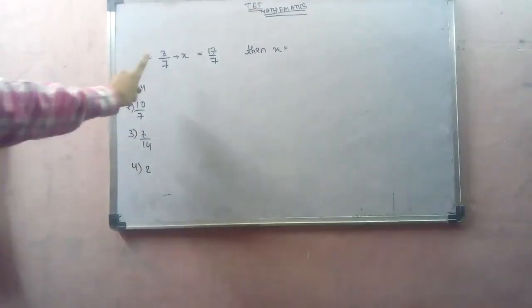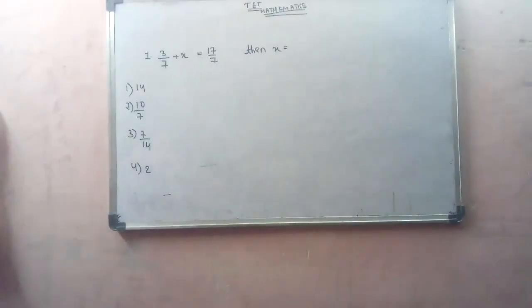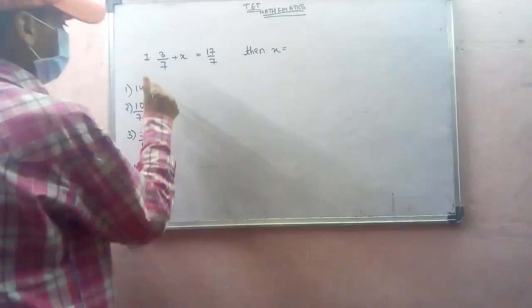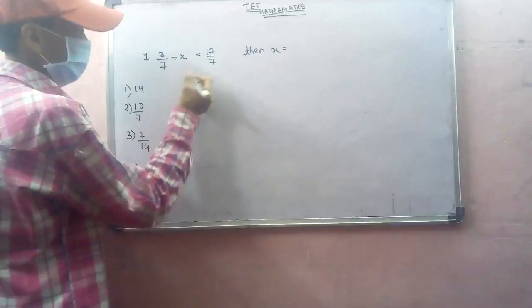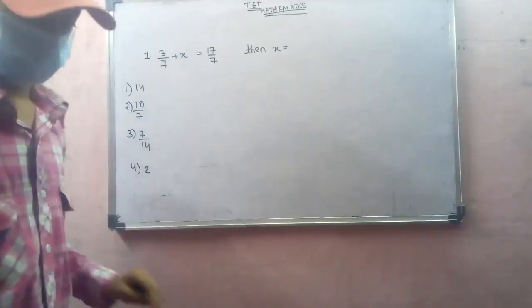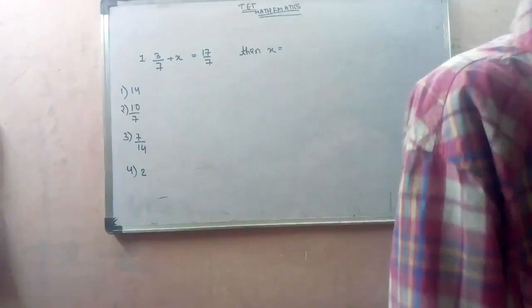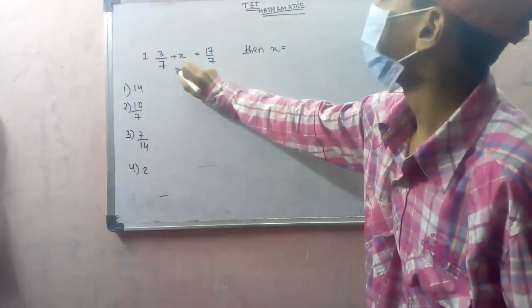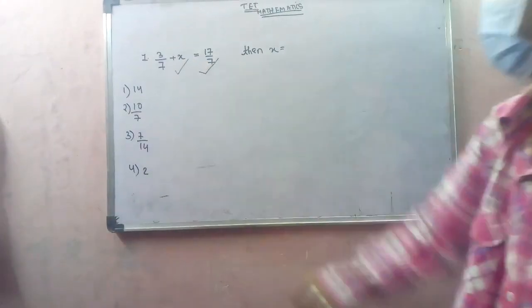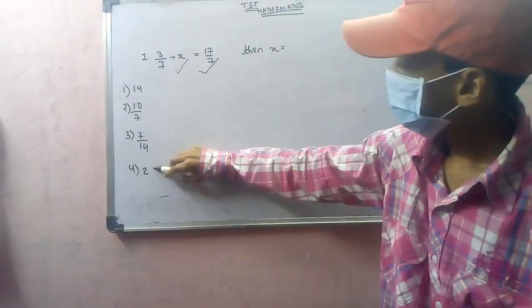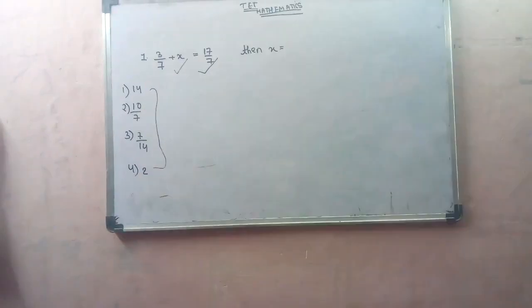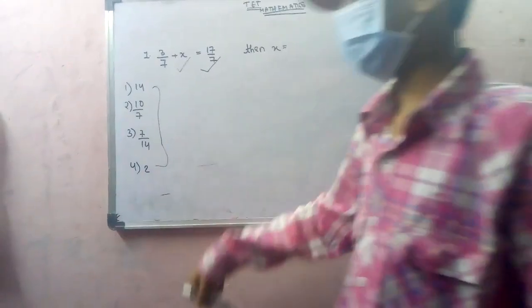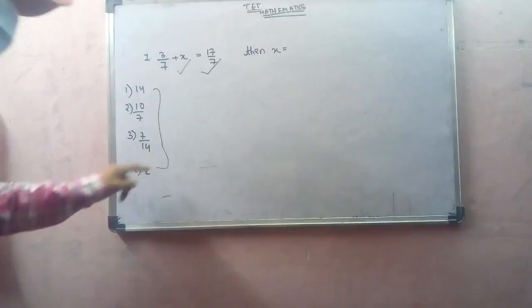Okay, 3 by 7 plus x equal to 17 by 7. It is better to find it by verification, checking the options. Okay, I am taking 2.